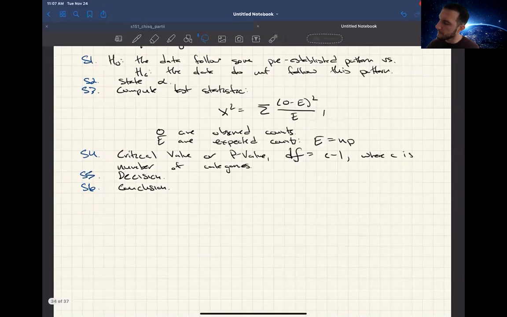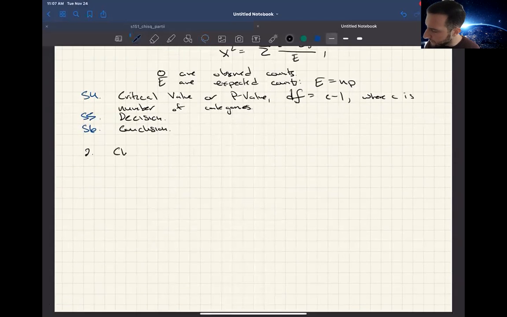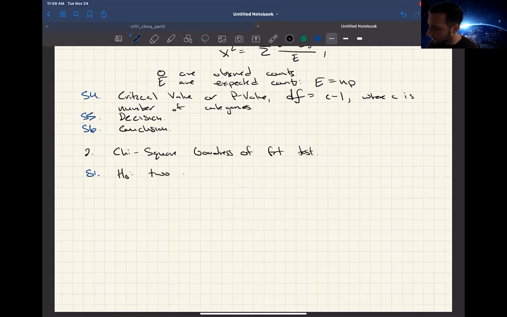Okay, so in the second case, the chi-square independence test, we have here on step 1, H0, 2 variables are independent versus HA, 2 variables are not independent.